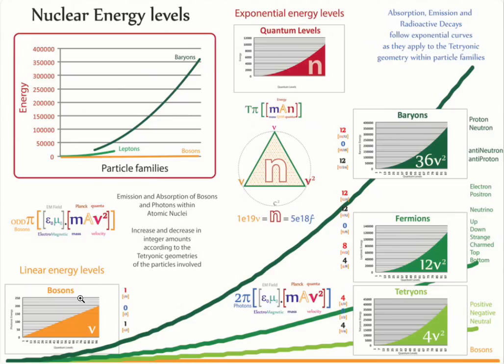In the case of energy fields, the energy is always added in odd-numbered geometries or bosons, a two-dimensional charge geometry or exchange charge carrier. And in the case of matter, we have tetrons, which are the quanta of all matter. We have 12 pi geometries, which are quarks and leptons, and we have baryons that are 36 pi. These obviously come together to form the 84 pi deuterium nuclei that are in all elements.